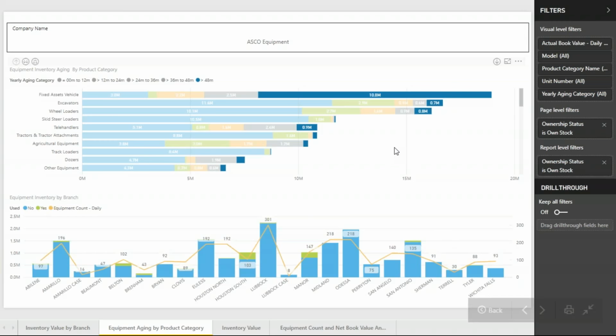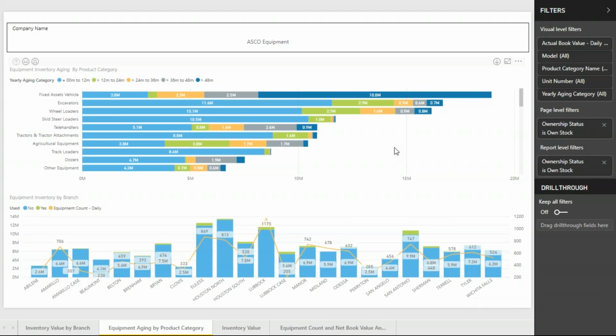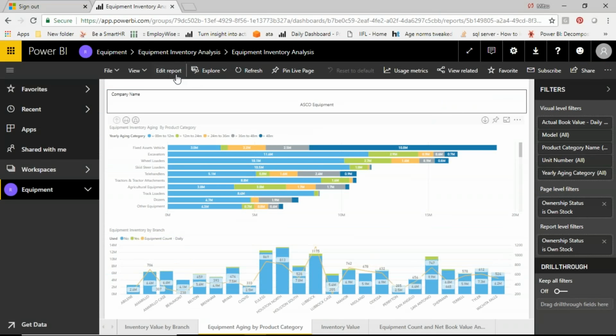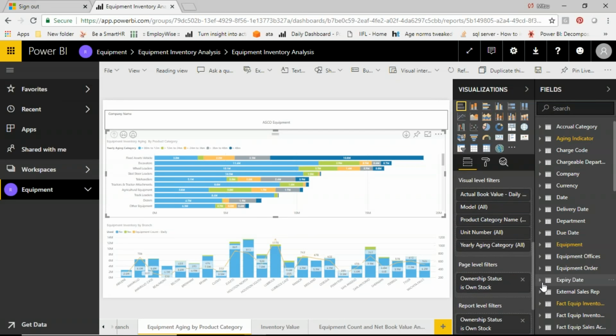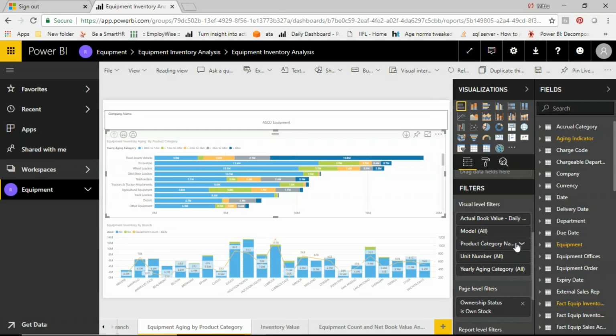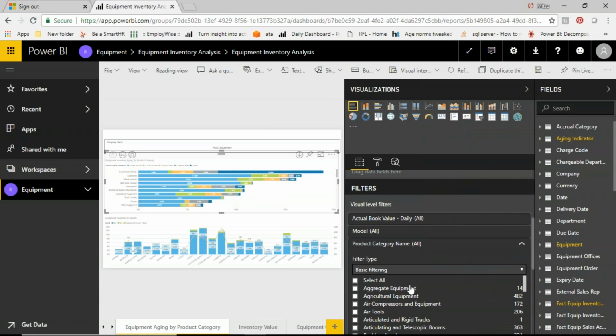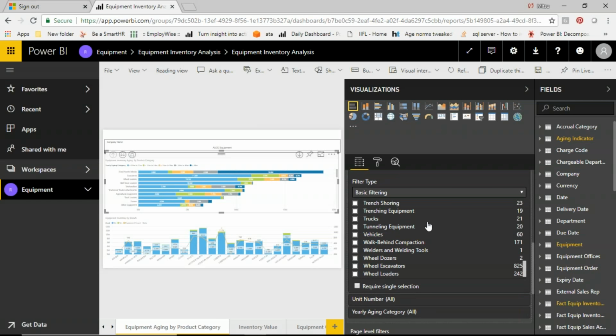So you want to ignore those vehicles? Because those are not really machines, right? Yeah, we could probably ignore those. Doesn't it have a specific product category? Yes, that fixed asset vehicle is all gonna be, in fact, I think the product category code is like CFVH. Vehicles.